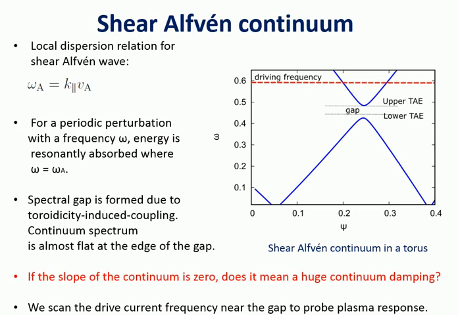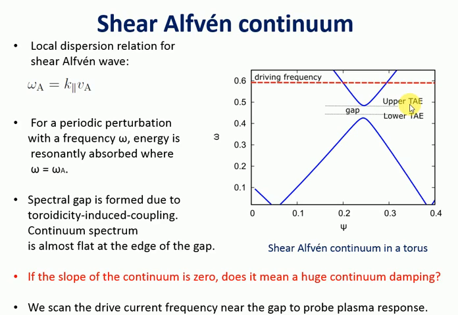In order to study continuum absorption, people usually assume that the slope of the continuum is finite. However, the situation may be sophisticated near the spectral gap. The spectral gap is formed due to toroidicity-induced coupling and accommodates toroidicity-induced Alfvén eigenmodes, or TAEs for short.